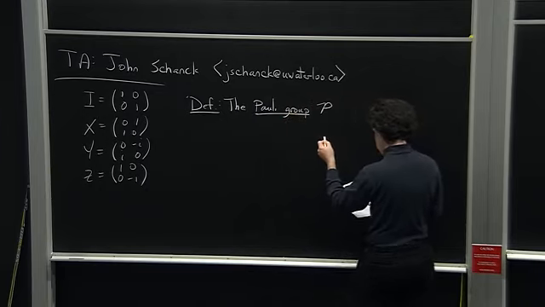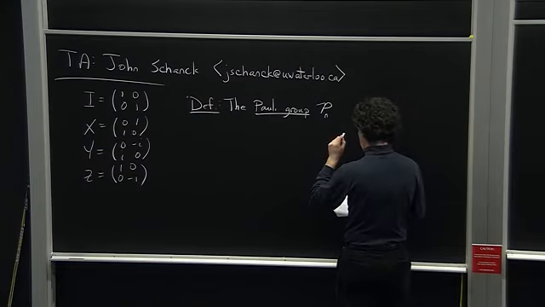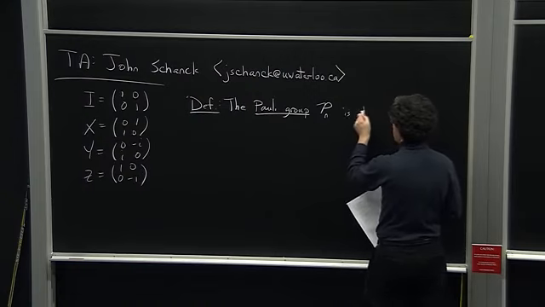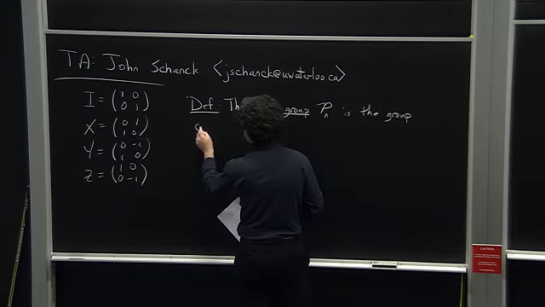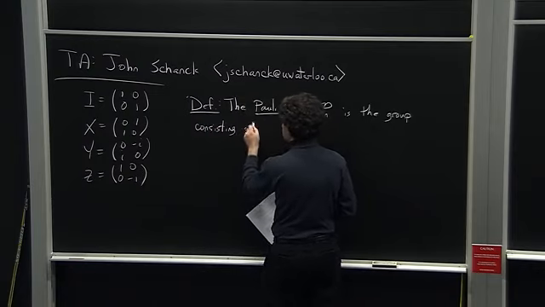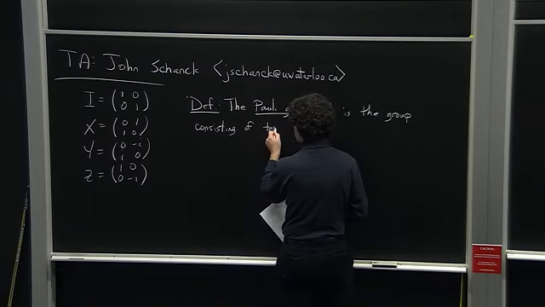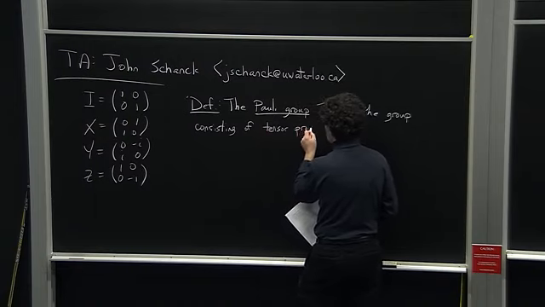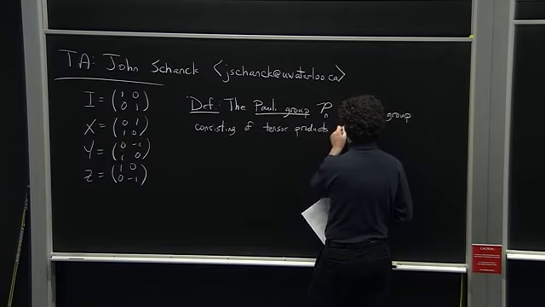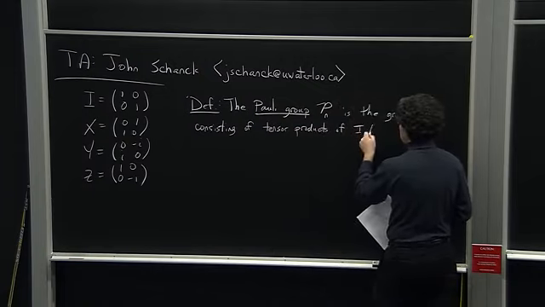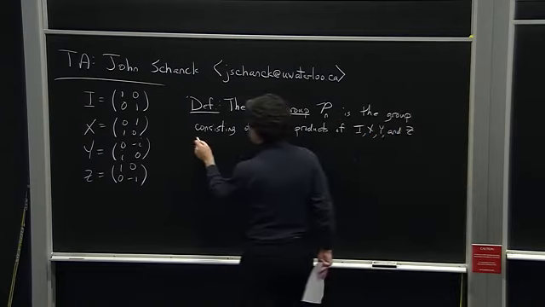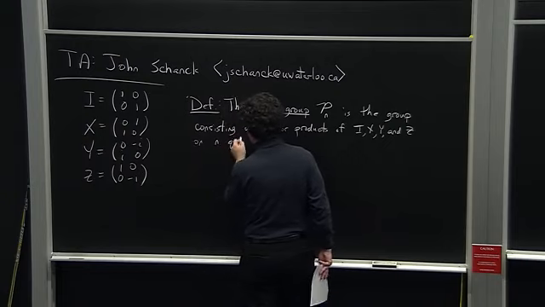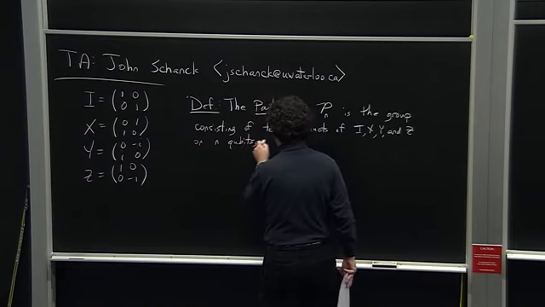which I'll denote as P_n. And it's made up of all tensor products of these Pauli matrices on n qubits.